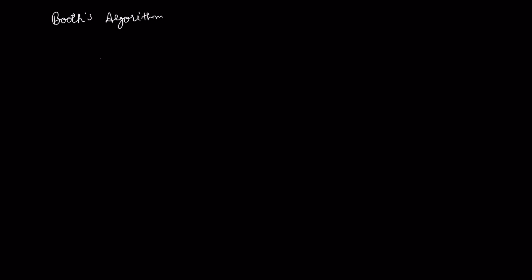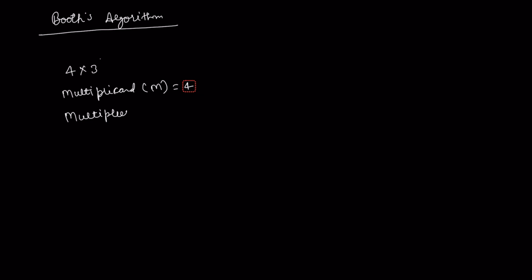For a multiplier of n bits, there are two terms, multiplicand and multiplier. If you have to multiply 4 into 3, then we consider multiplicand M equal to 4 and multiplier Q equal to 3.